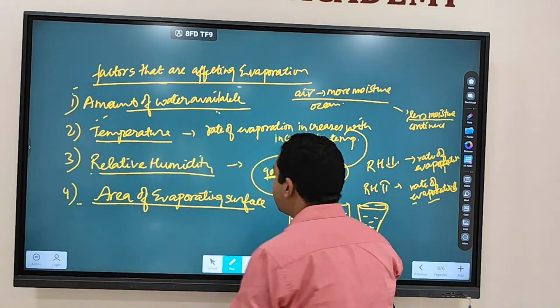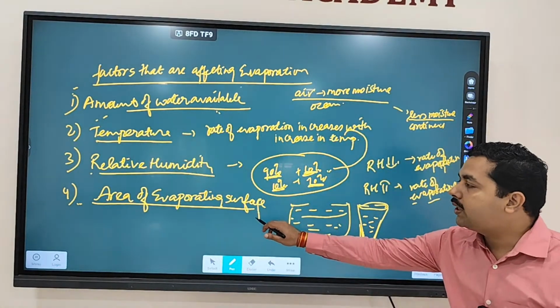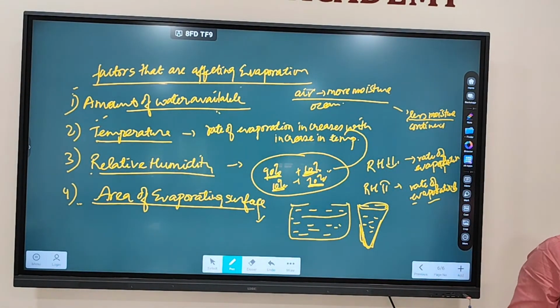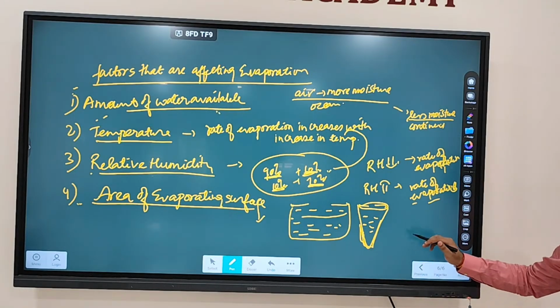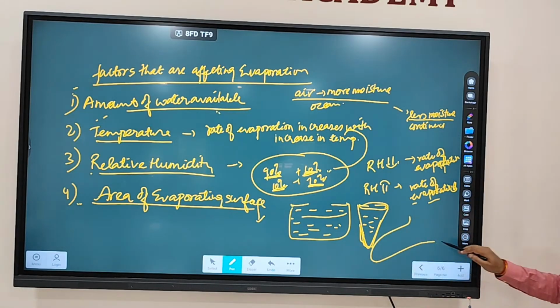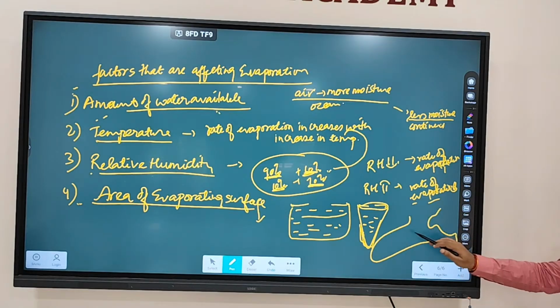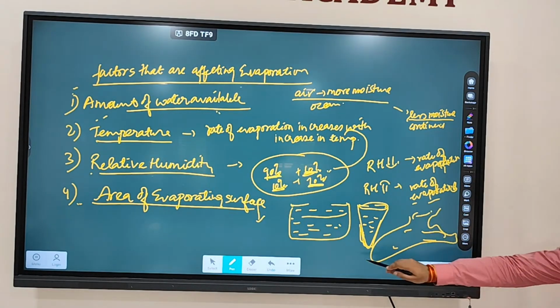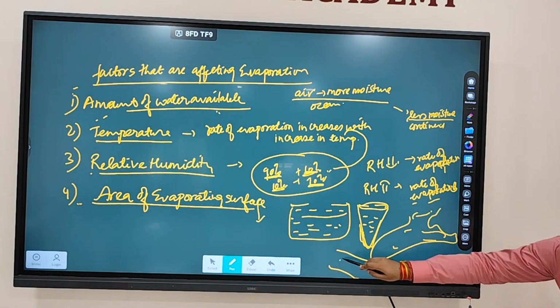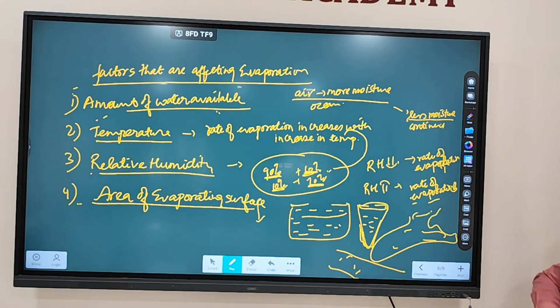Clear? So that's why area of evaporating surface also determines whether more evaporation is going to take place or less evaporation is going to take place. Fine. So you find different types of water bodies. You can have water bodies where there is less evaporating surface, and water bodies where there is more evaporating surface. Clear?